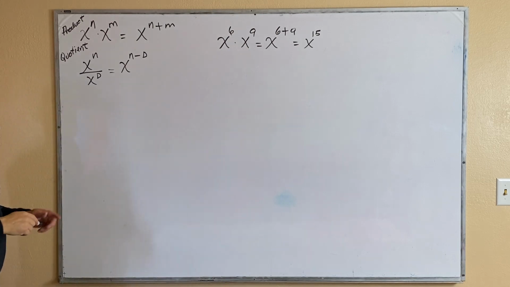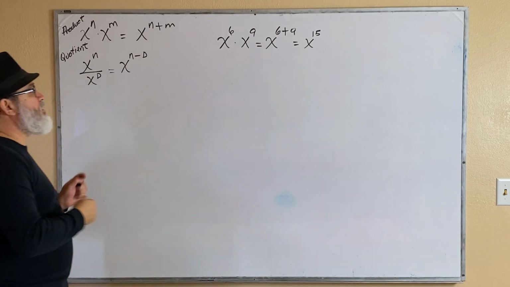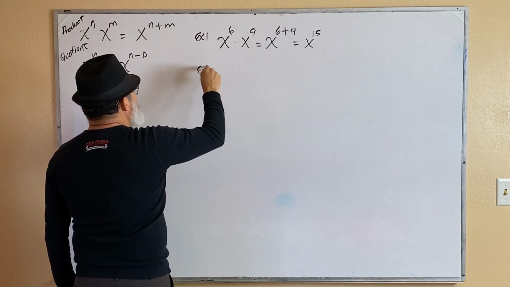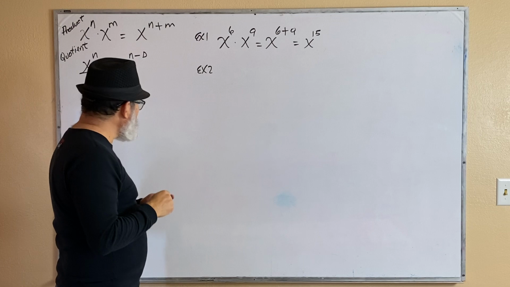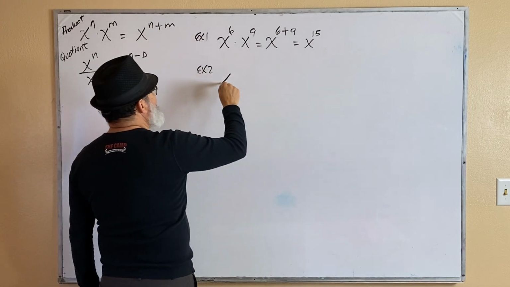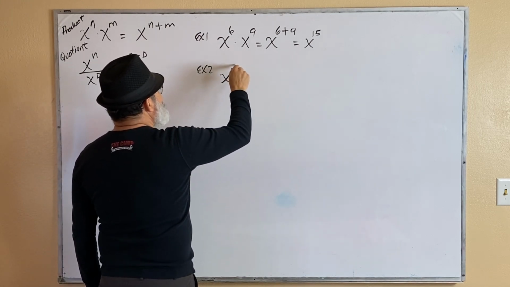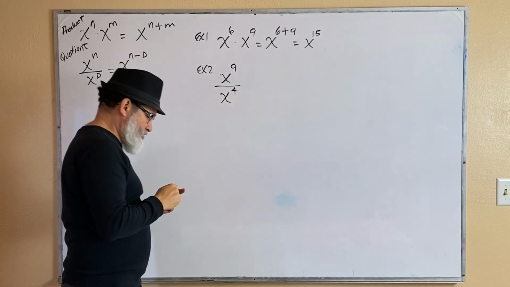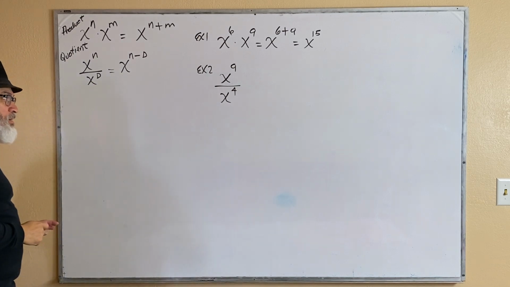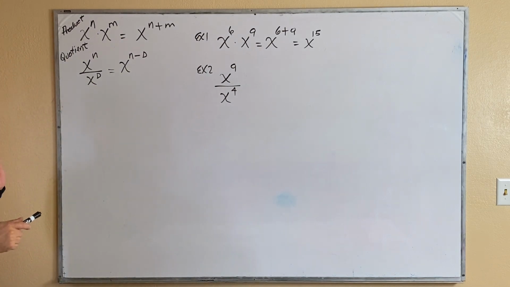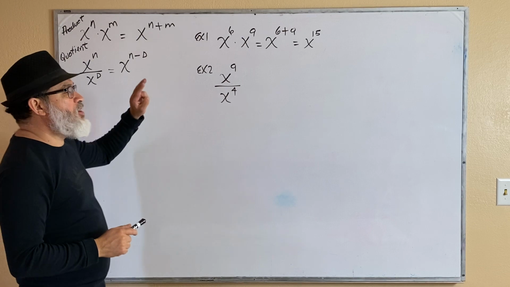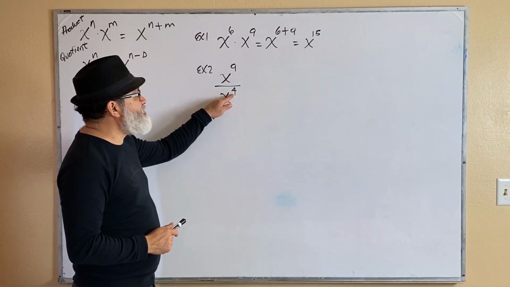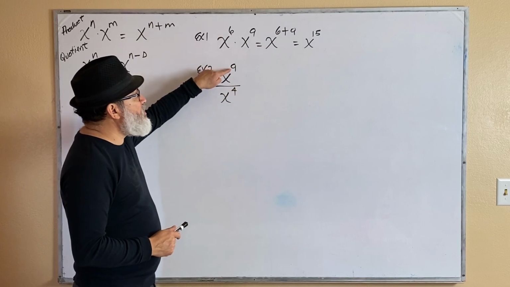And of course, an example of this is the following. So this is example 1, and here is example 2. Here we have x to the 9th divided by x to the 4th. By the quotient rule, we subtract exponents. We subtract the denominator exponent from the numerator exponent.